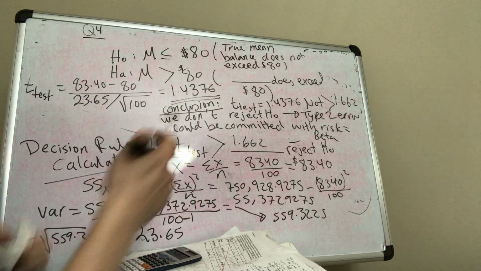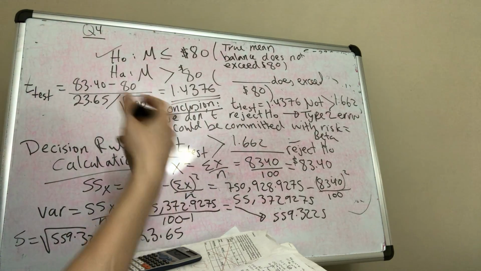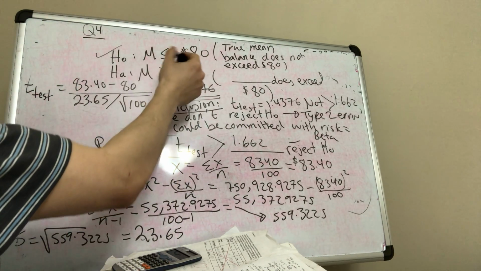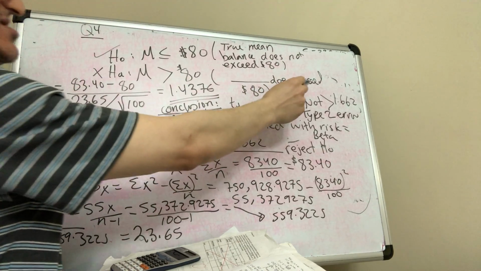Now, if you don't reject H0, that means that you're not rejecting it, you're accepting it. So we don't have enough evidence to show that it exceeds.